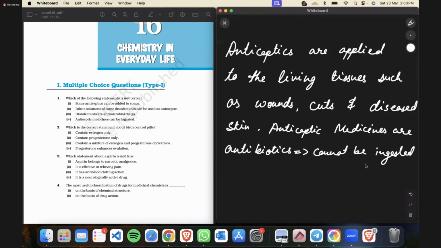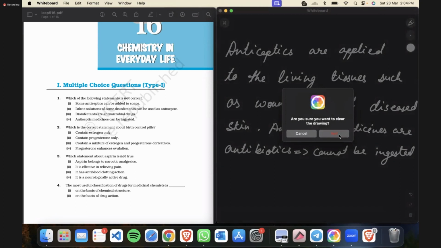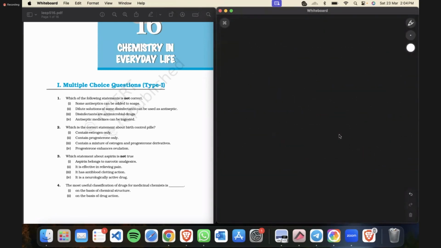Whenever you get hurt while playing, there's a white tube, Soframycin. You can apply it on your body, but you cannot ingest it, you cannot eat it. That is an antibiotic. Dettol. Whenever you scrape your knee, it is cleaned with a solution of Dettol. So that is also an antibiotic. So antiseptics, the medicine form, antibiotic. You should remember this.